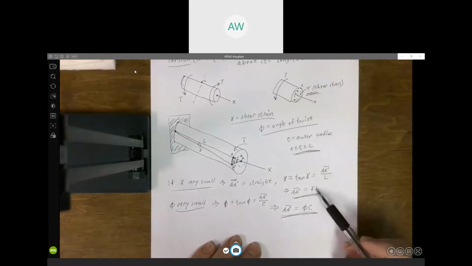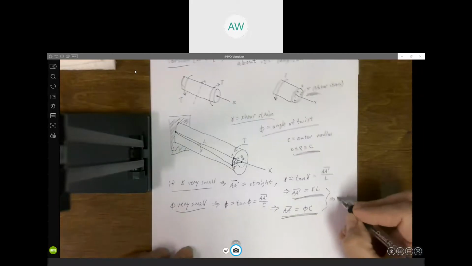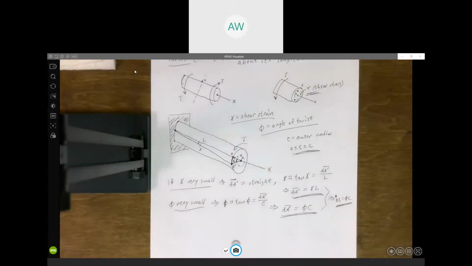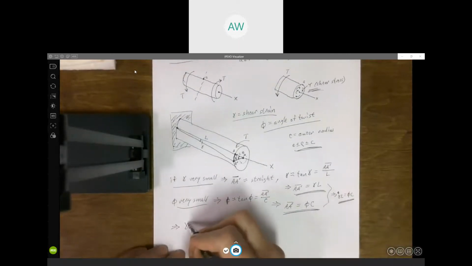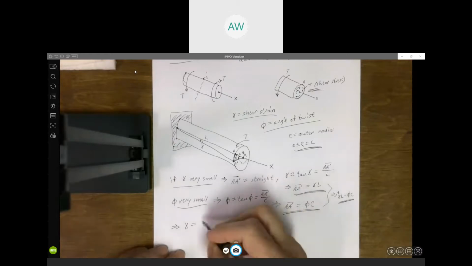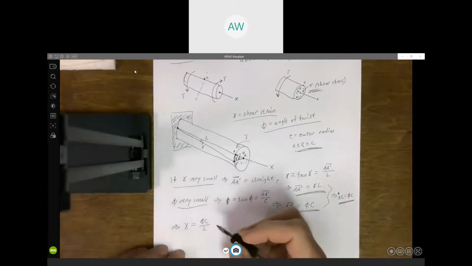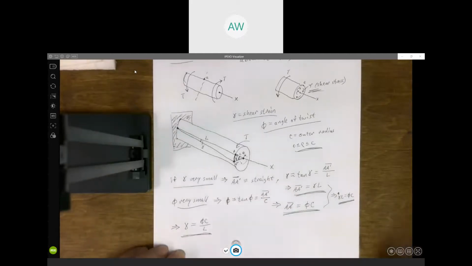If this is equal to gamma times L and it's equal to phi times C, then gamma times L is equal to phi times C. Now, if we solve that for our shear strain, gamma, then it's equal to phi times C over L. So we've got a formula for our shear strain.